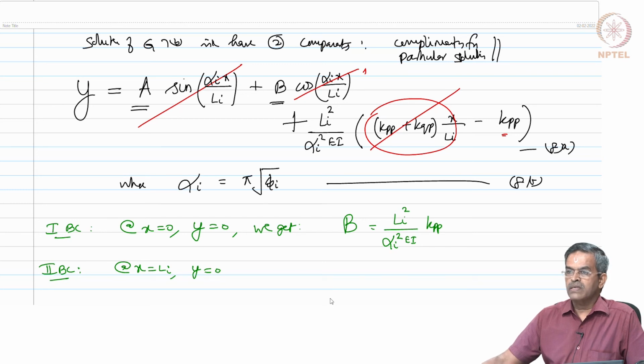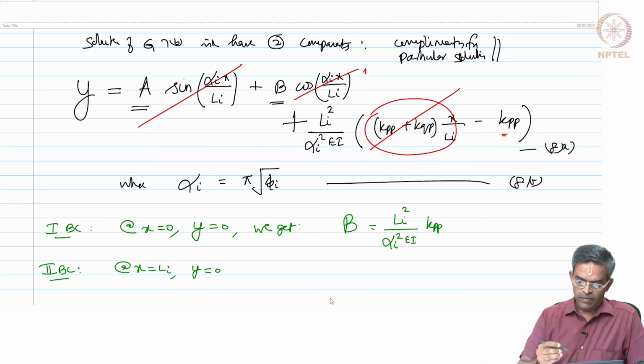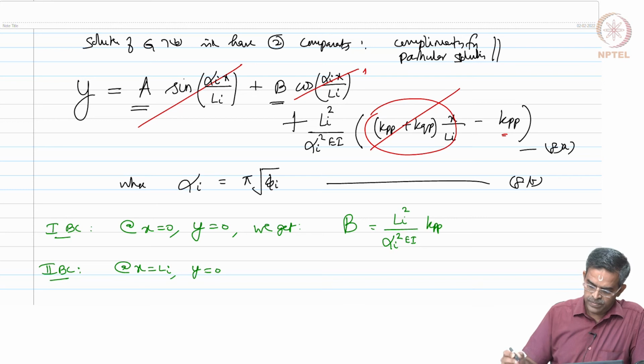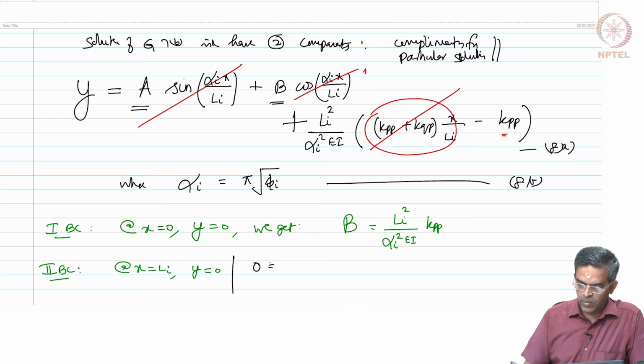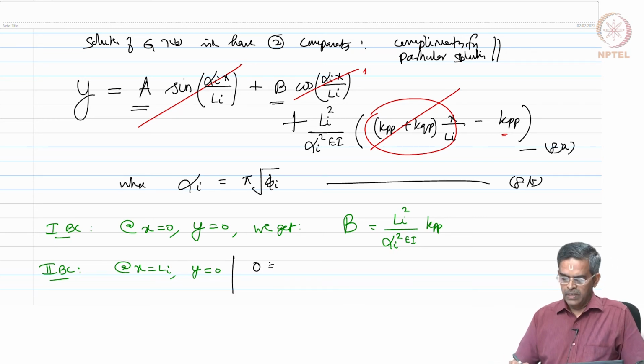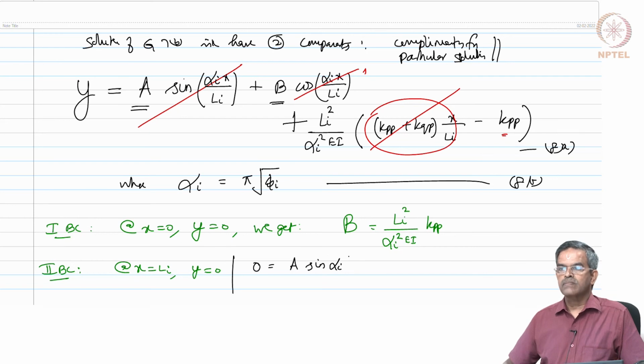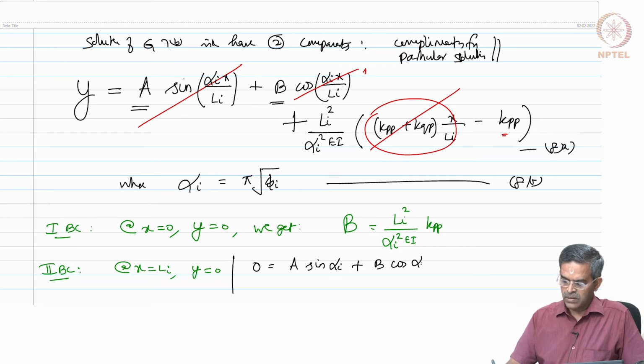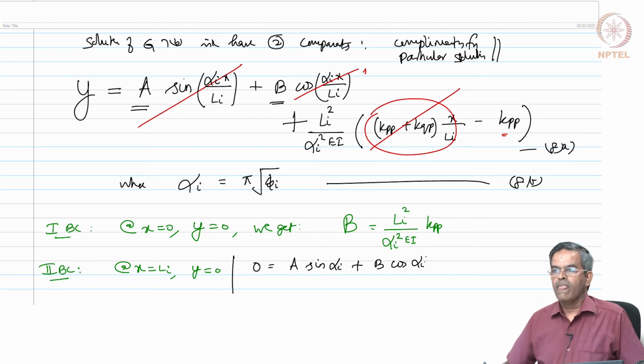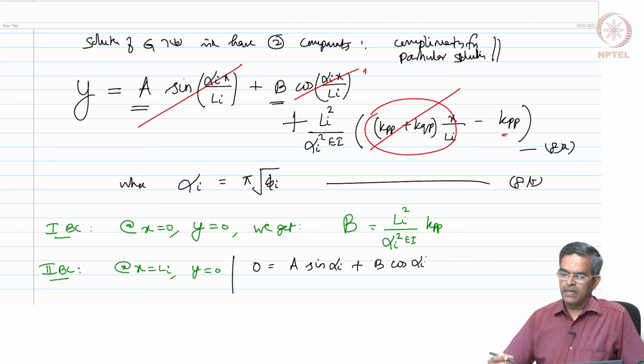If I apply that condition, we will get 0 equals A sin alpha I plus B cos alpha I. So, KPP gets cancelled, okay.